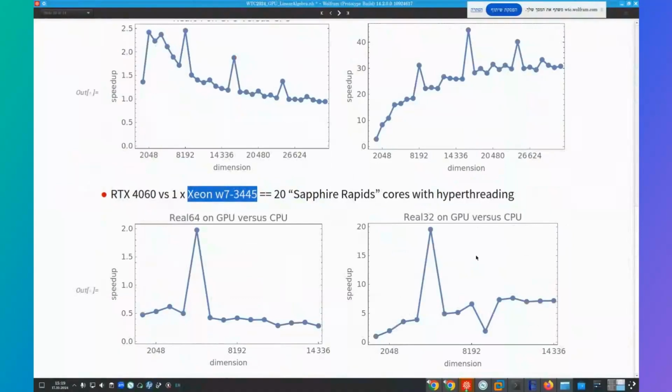That's a lot less than, even my MacBook Pro has 64 gigs of RAM. That's a lot more than the 8 gigabytes on an RTX 4060. So you're more limited in the sizes of problems you can deal with.